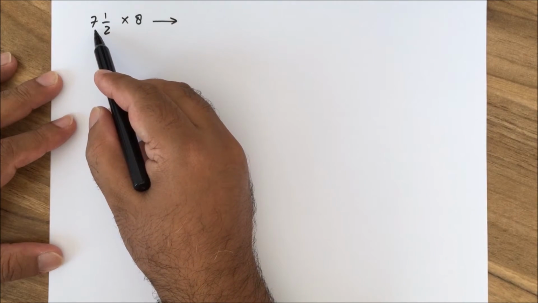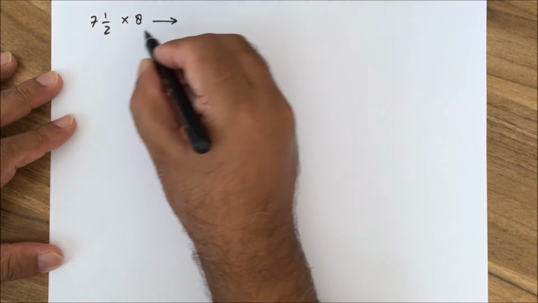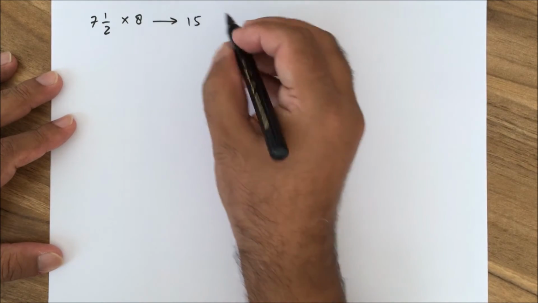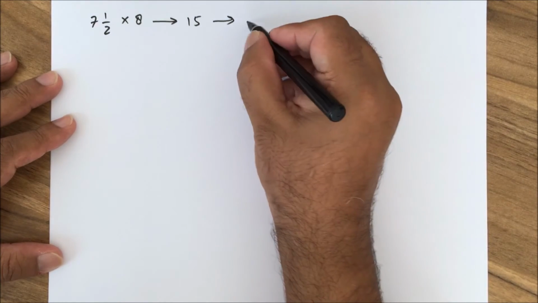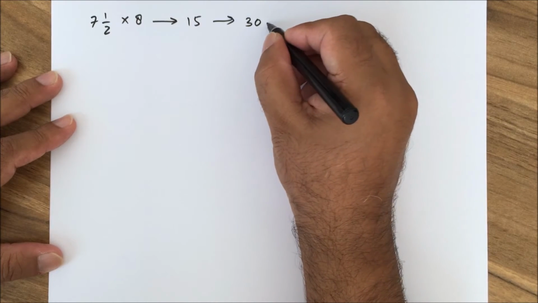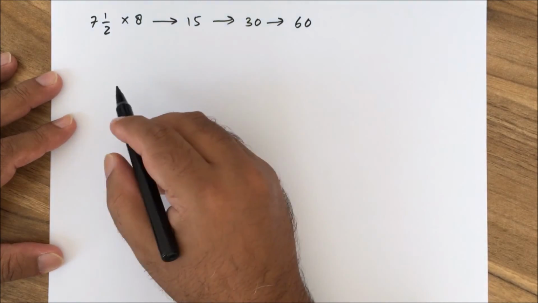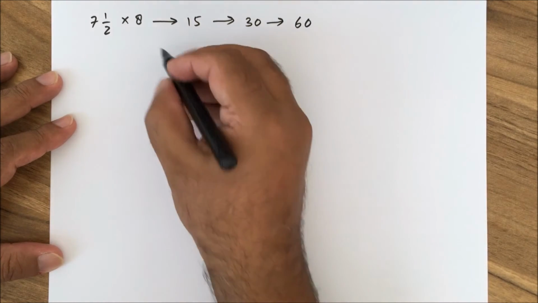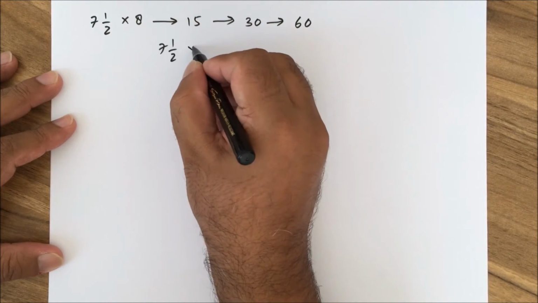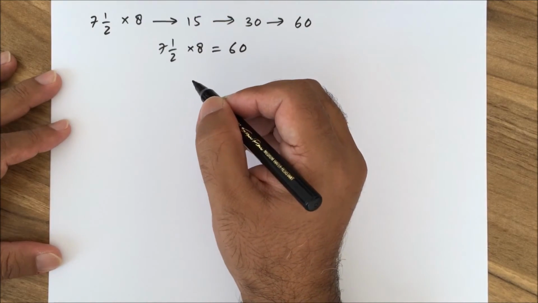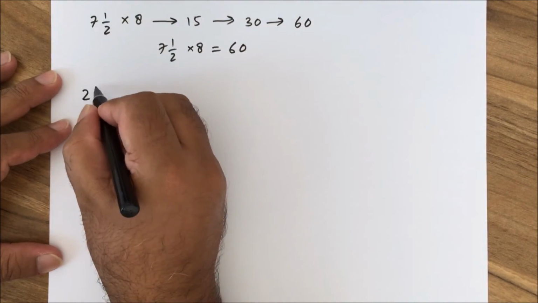So double of 7 is 14 and double of half is 1. So 14 and 1 will become 15. Then double of 15, it's easy, 30, and then double of 30 is 60. So 7.5 times 8 is 60. It's that easy.